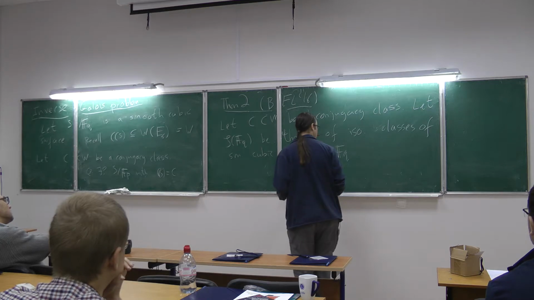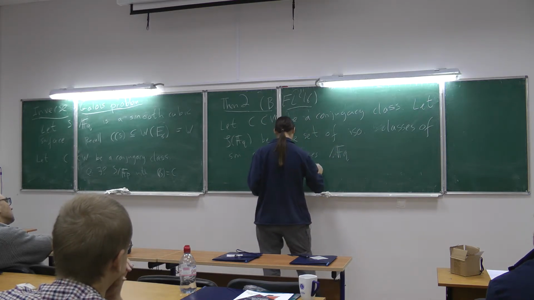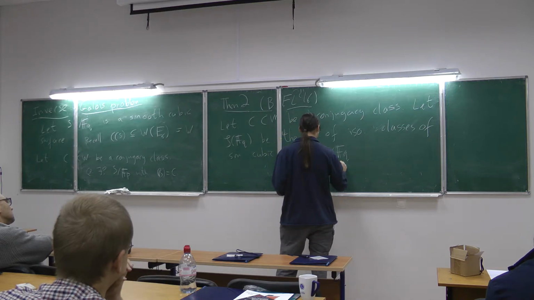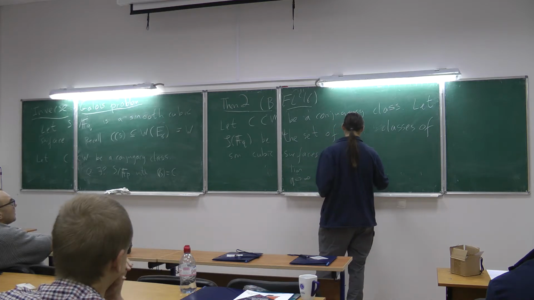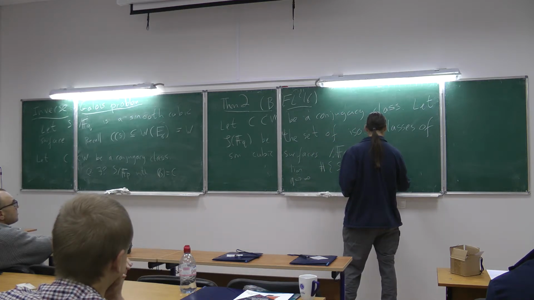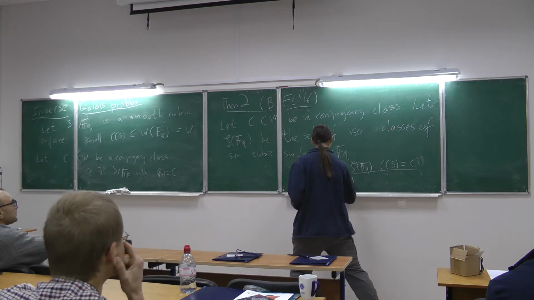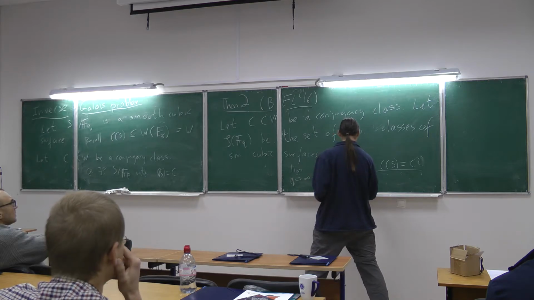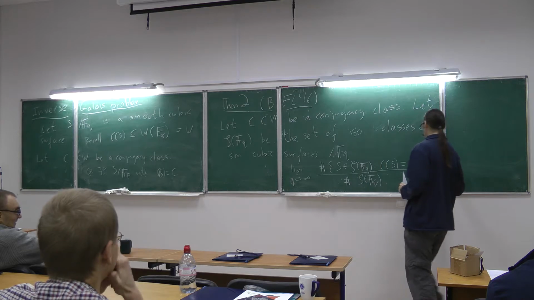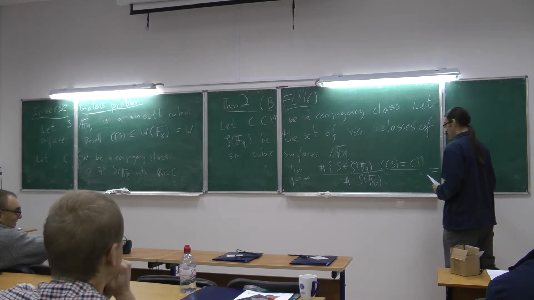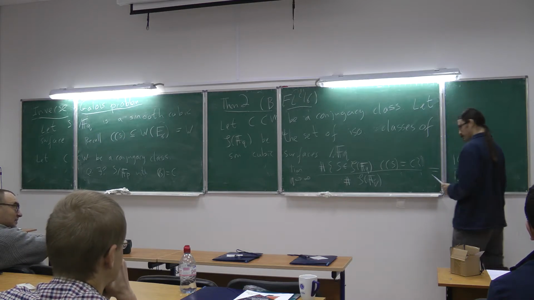It's a finite set. And then what we show is, if you take the limit as q goes to infinity, so I'm just counting those cubic surfaces whose conjugacy class is equal to your given conjugacy class, and then I divide through by the total number of smooth cubic surfaces over this field, then we show this limit exists, and it's just the size of the conjugacy class divided by the size of the group.